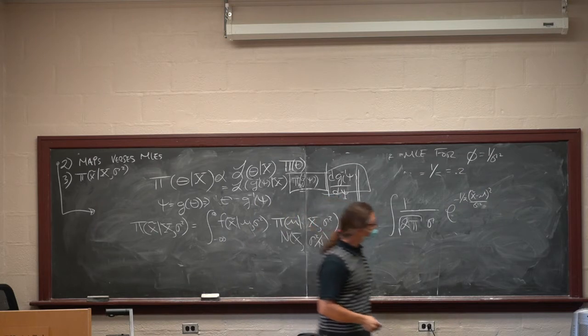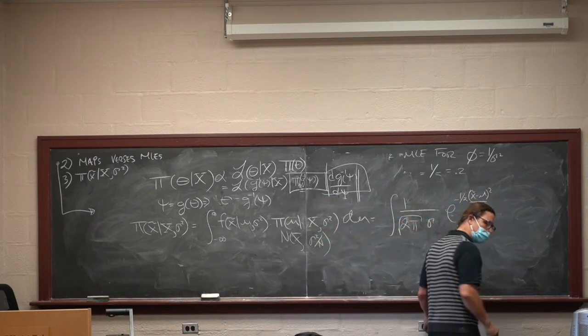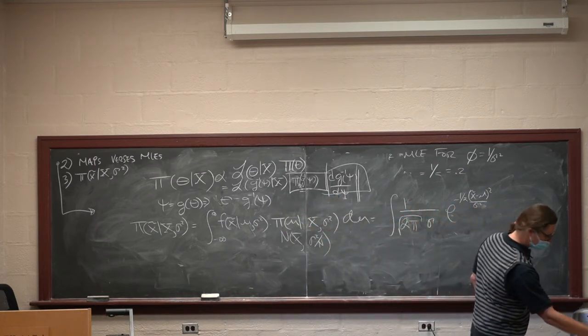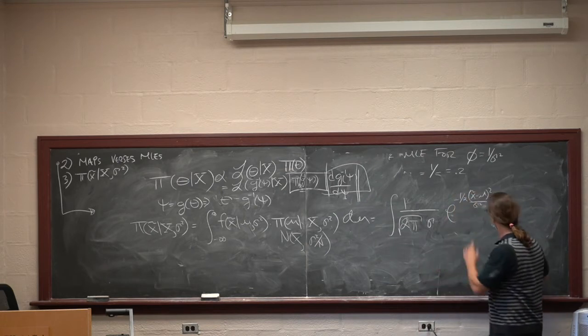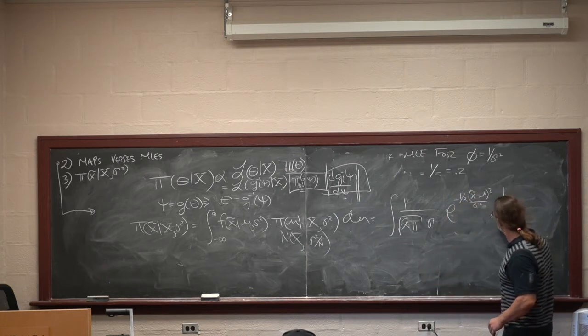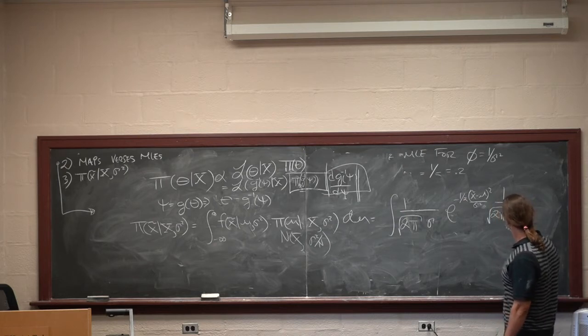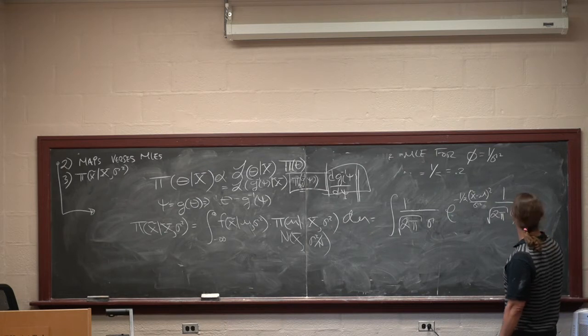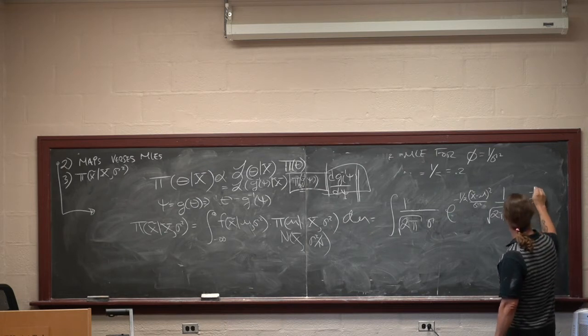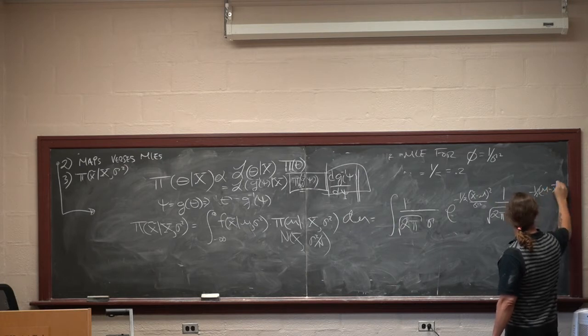I'll write down the whole thing: 1 over root 2 pi sigma over root n, e to the minus 1/2 mu minus x bar squared over sigma squared over n.